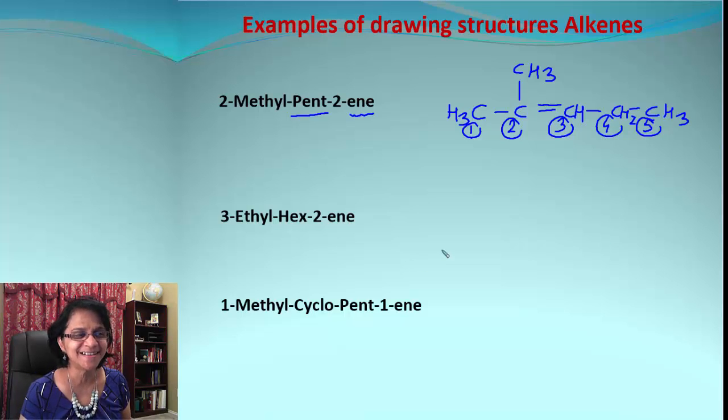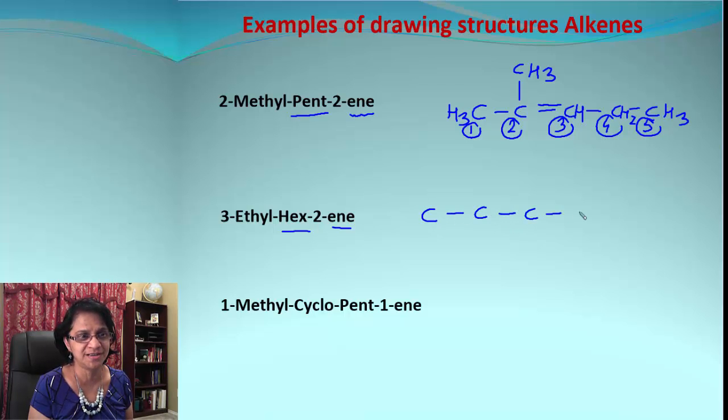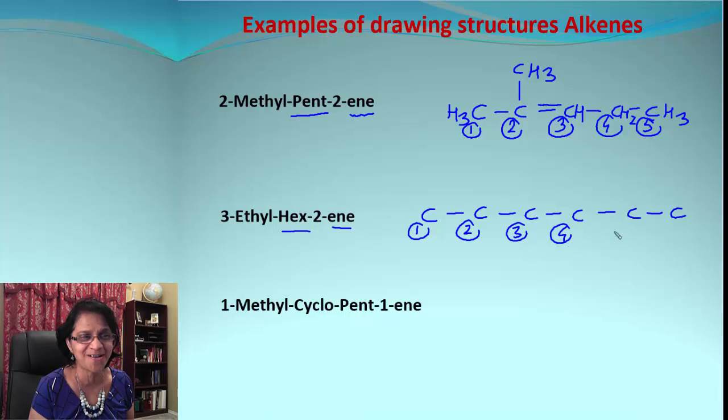Is it getting easier? Let's work on the next one. We've got hexene here. That means we need a chain of 6 carbon atoms. So here is my chain, and then I need to start numbering. So that's my carbon atom number 1, 2, 3, and so on.